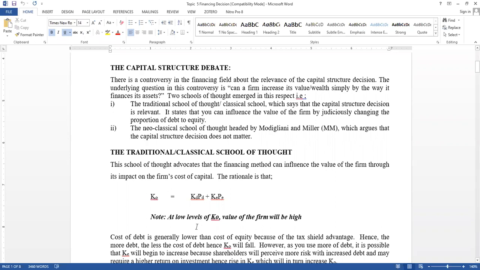So meaning that at lower levels of KO, the value of the firm will be high. Because you find that the cost of debt is generally lower than the cost of equity because of the tax shield advantage. Hence, you employ more debt, the less cost of debt, hence KO will fall.